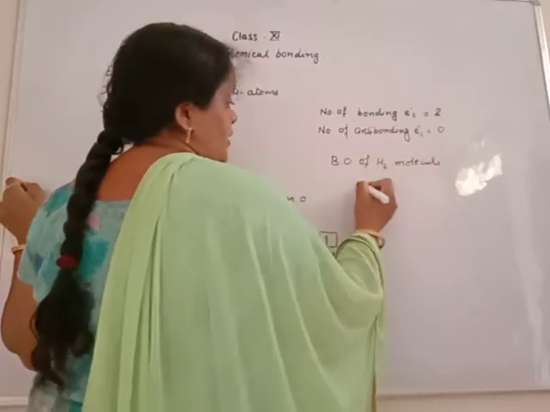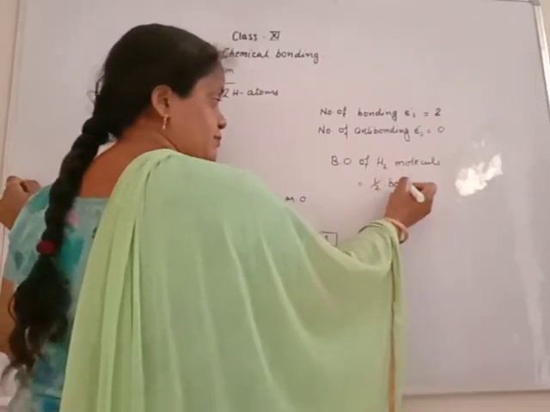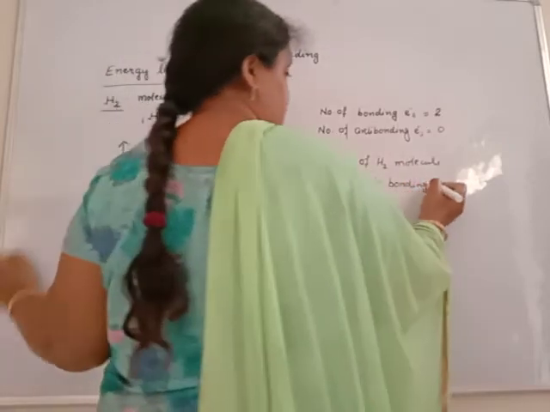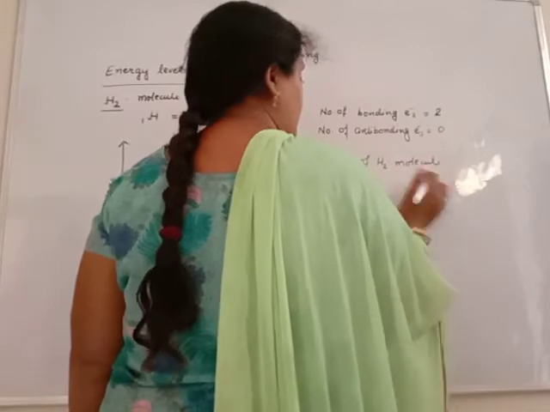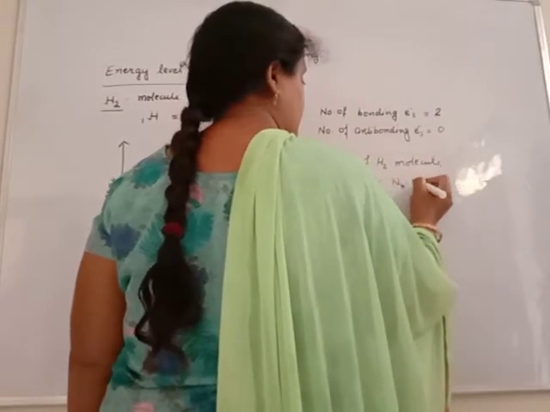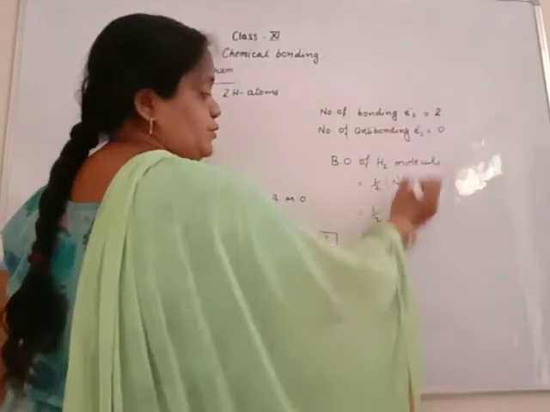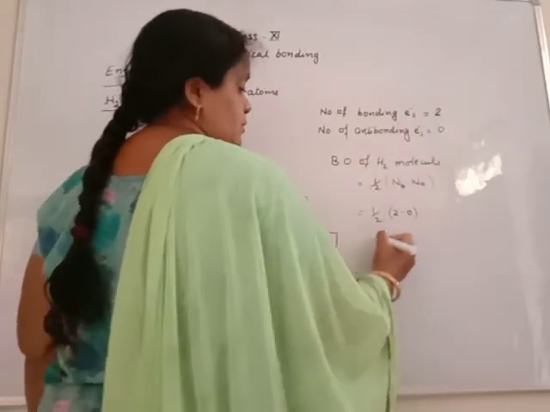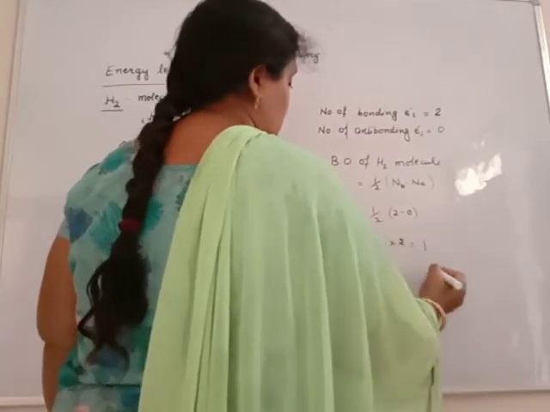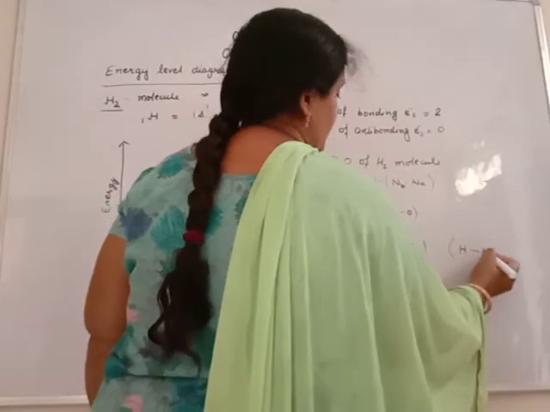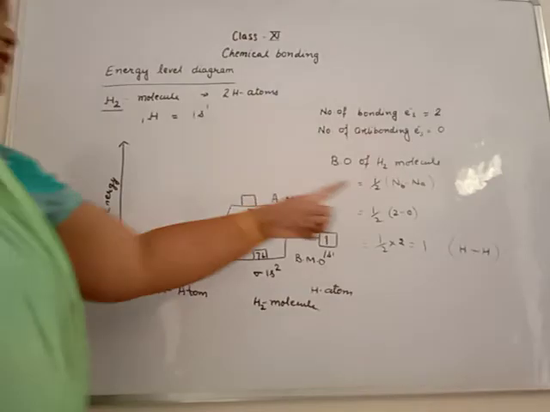Beta, the formula to calculate the bond order is half of the number of bonding electrons minus the number of anti-bonding electrons, that is represented by Nb minus Na. Beta, half of 2 minus 0, half into 2, the answer is 1. You know very well hydrogen and hydrogen combine together to give a single bond. Our answer is correct. This is verification.